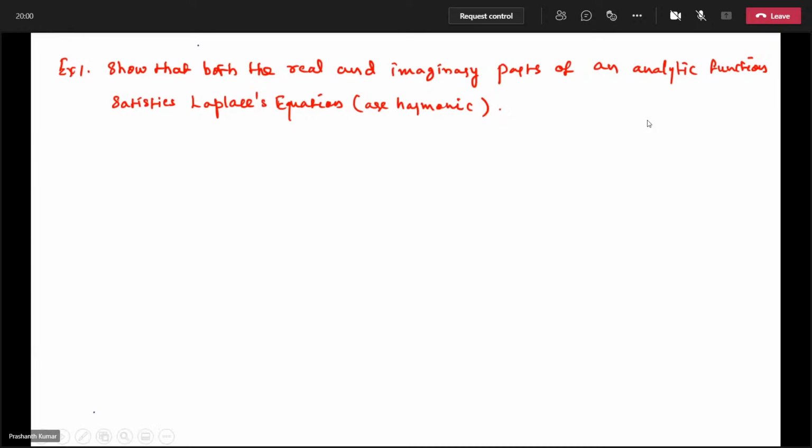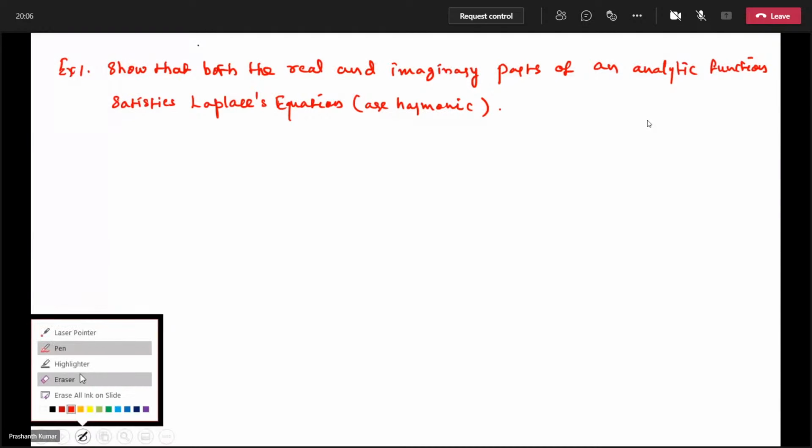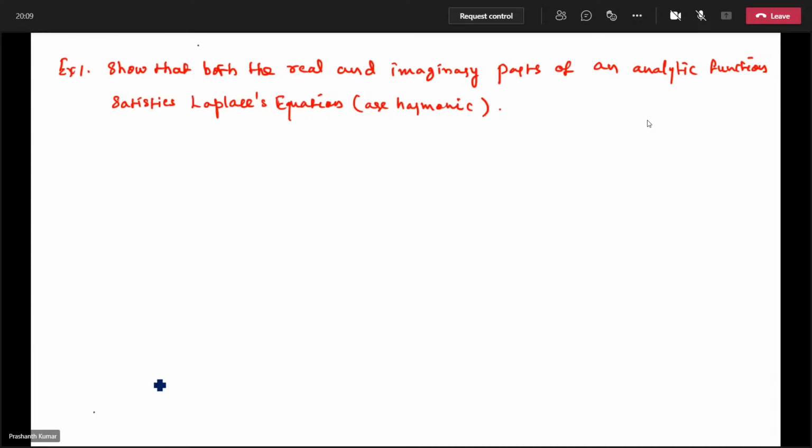This is the question. This question is asked so many times in the examination. All of you, how can we solve this particular problem? Show that both the real and imaginary parts of an analytic function. If f of z is an analytic function, then u plus iv is f of z.